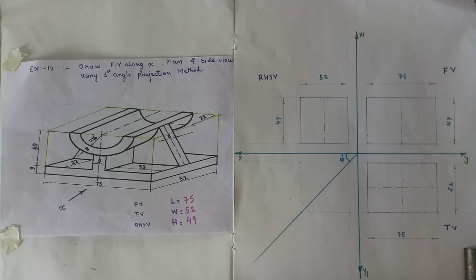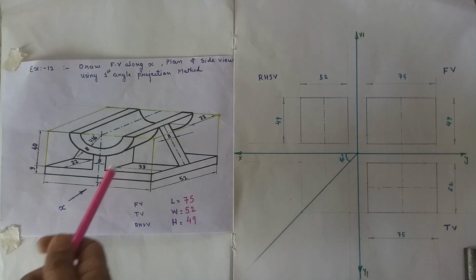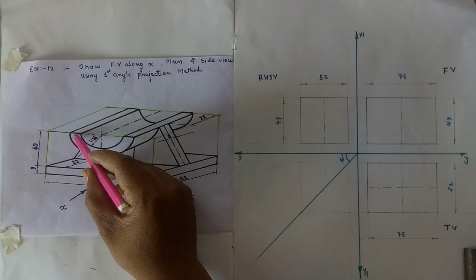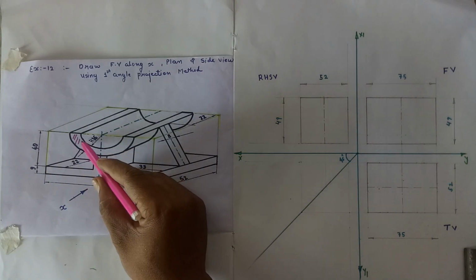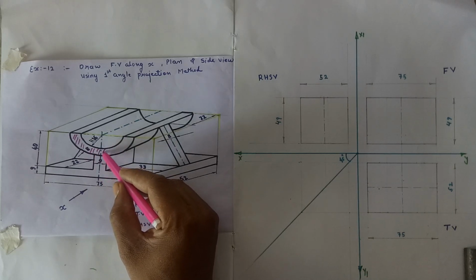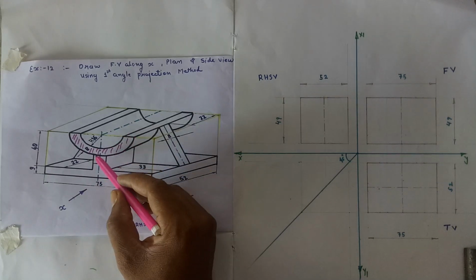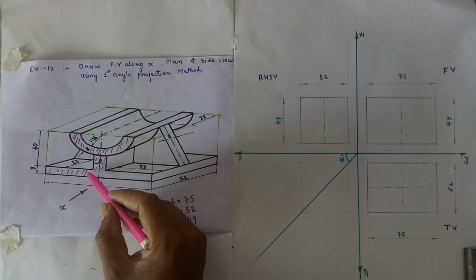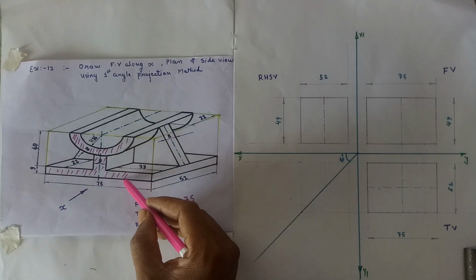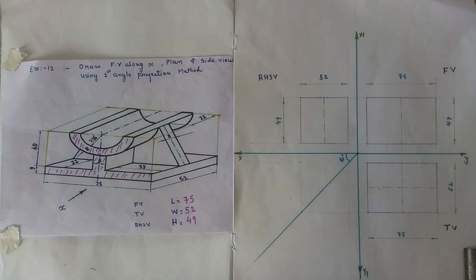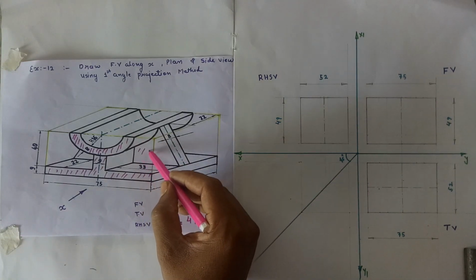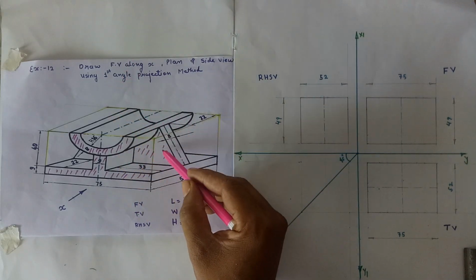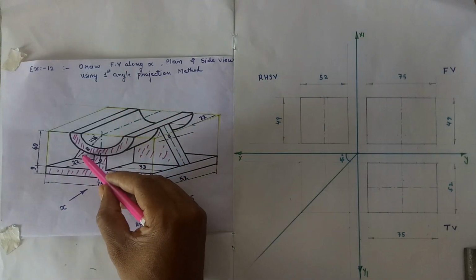Now starting from the front view of the object, observing from the x direction, we will clearly observe this face of this circular part, the part of this base, and this face of the inclined supporting part of the object.